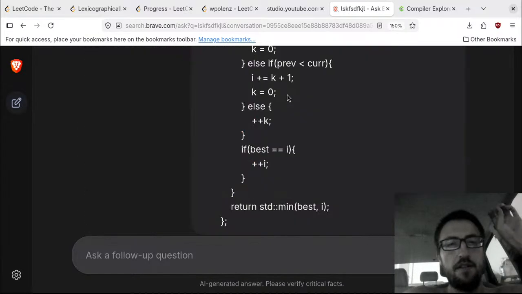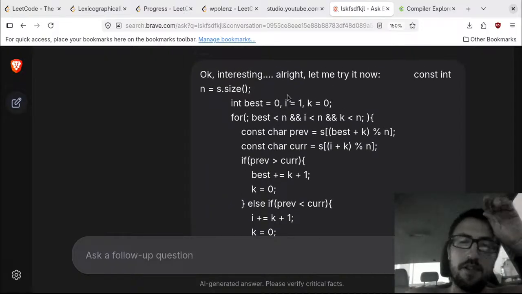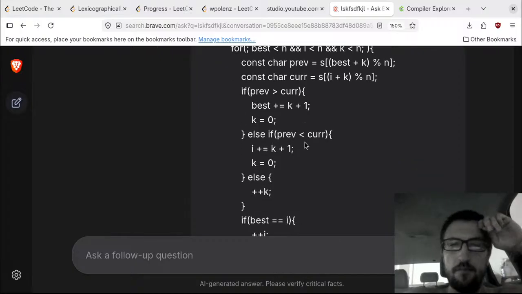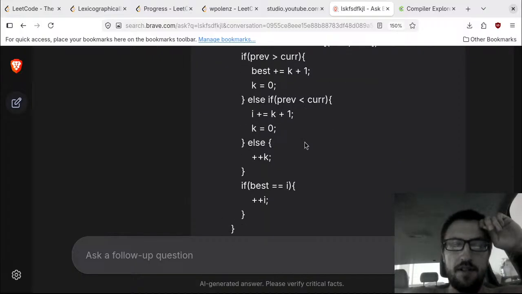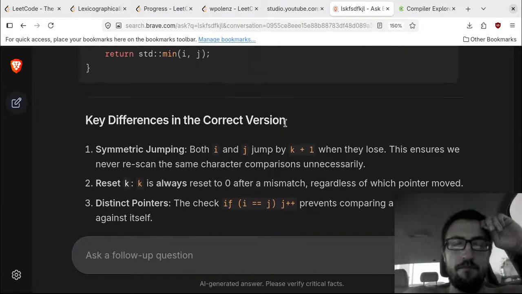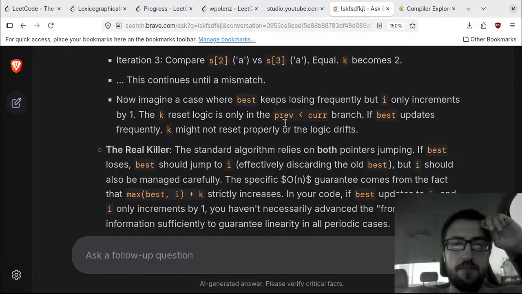Okay. So you could just use I and J. It's maybe a little easier to think about. But let me consider. So this case I think I got right, but I didn't realize that this case was a little bit different.